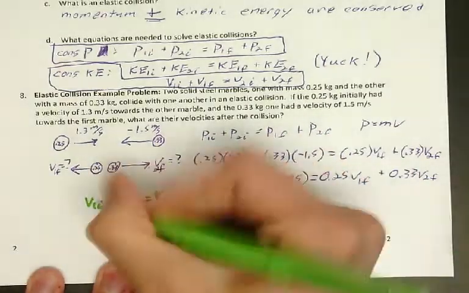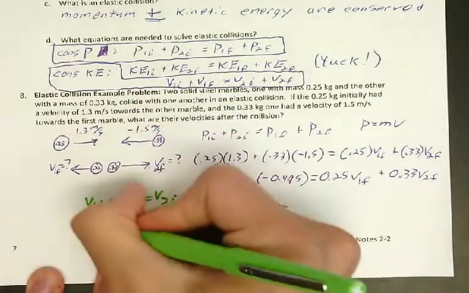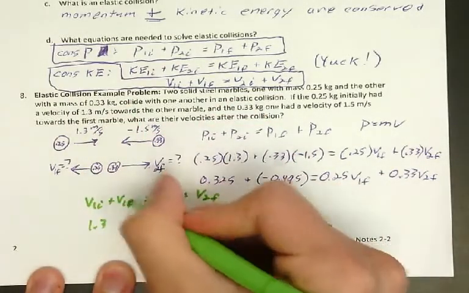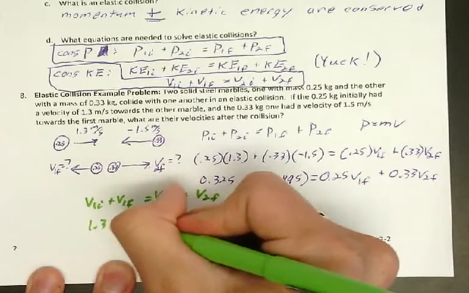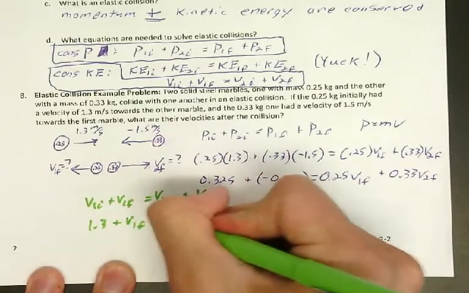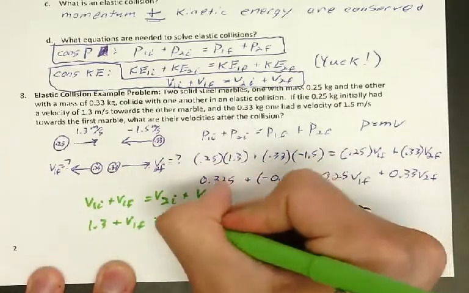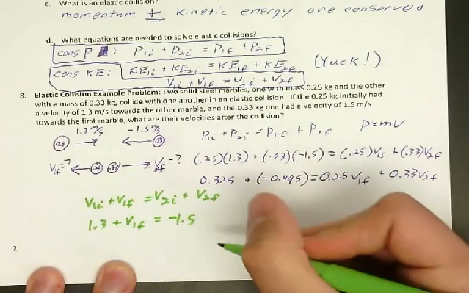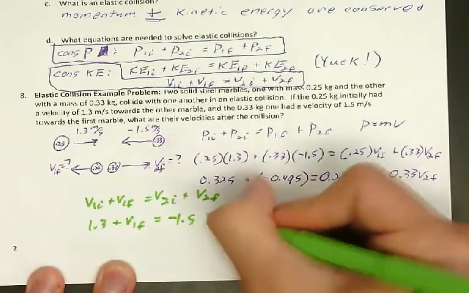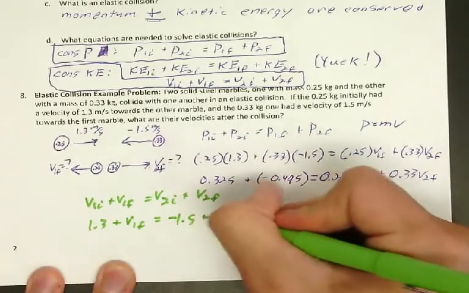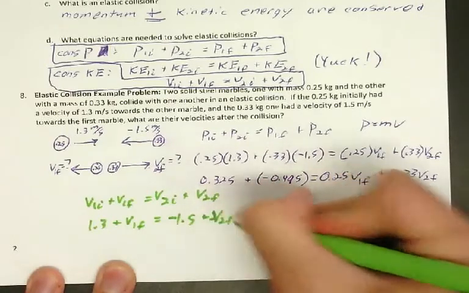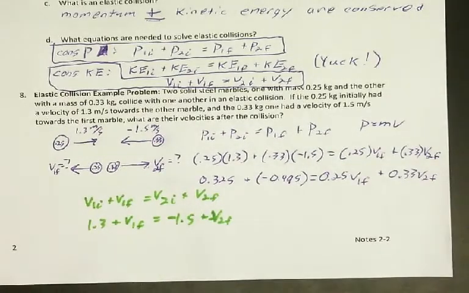Okay? So, V1 initial, 1.3. V1 final, we don't know. V2 initial, negative 1.5. Yes, make sure it's negative. V2 final, we don't know. So, solve for one of them. Now, you're saying to yourself, well, Mr. B, which one do I solve for?